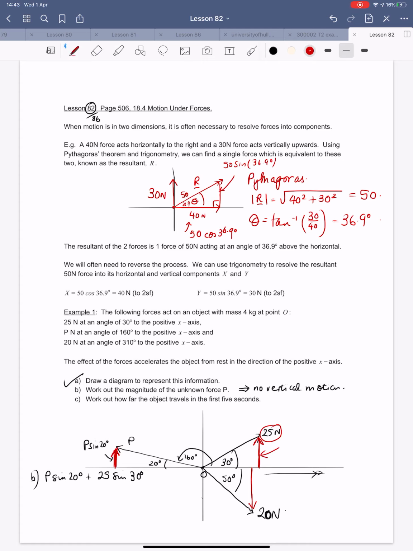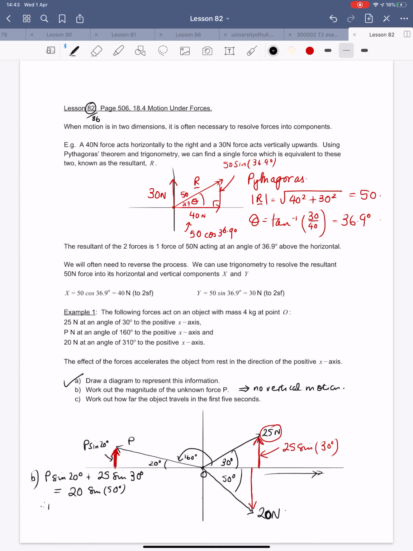That one there, that's 25 sine 30 degrees, therefore equals 20 sine 50 degrees. So basically the upwards forces have to equal the downwards forces.